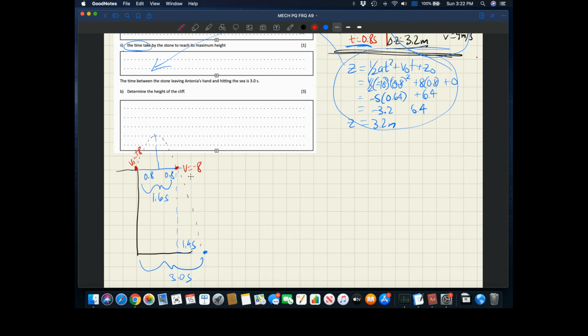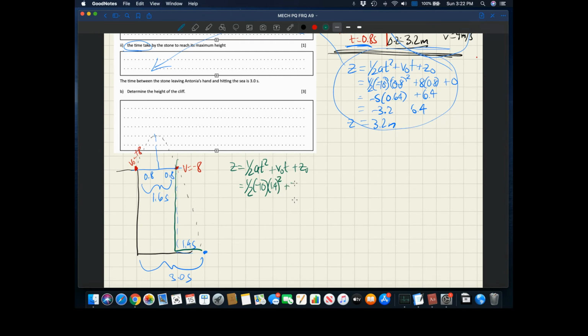So we could use our z equation to solve for this. And so z equals 1/2 at squared plus v0t plus z0. And we know the acceleration is minus 10. And if we're going to start here from this location, we know the time is 1.4 seconds.